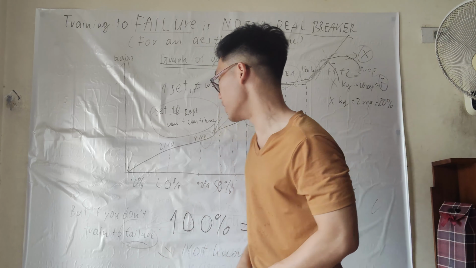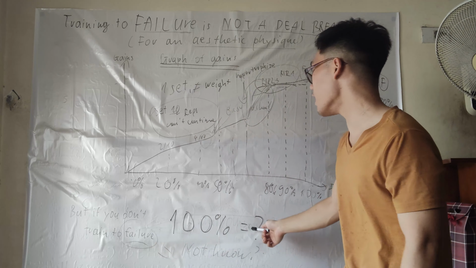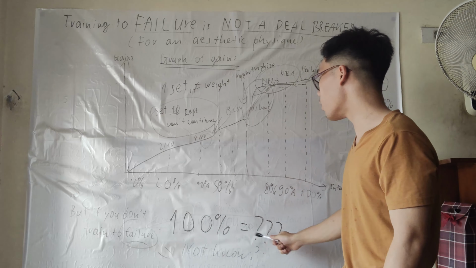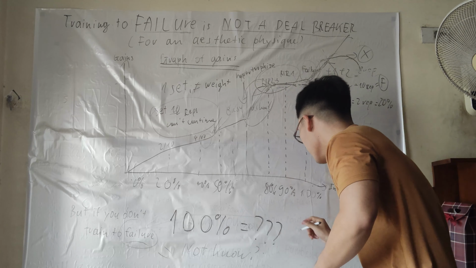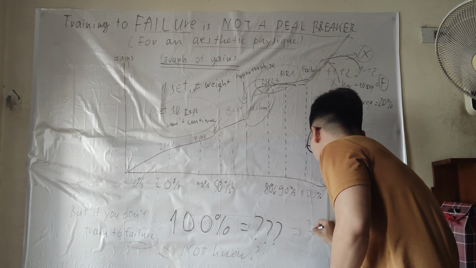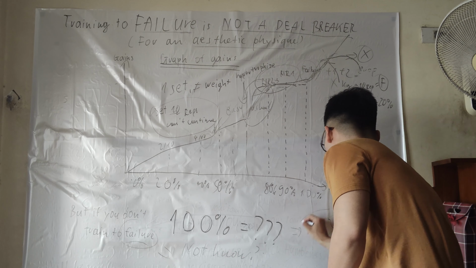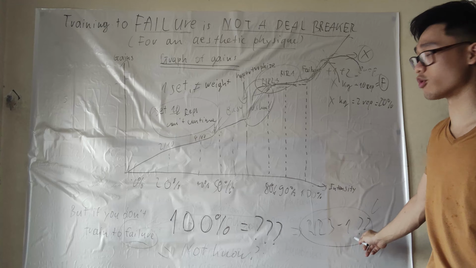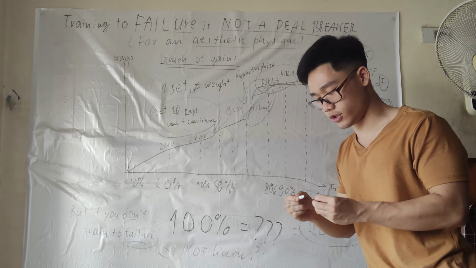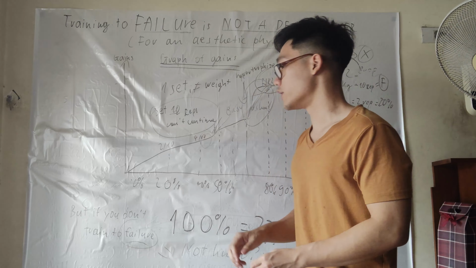So what I want you to do is, if you don't train to failure, you will not know. You 100% don't know what failure feels like. So therefore, you don't know how RIR 3 to 1 feels like. So what I want you to do is, at least, you can train hard.